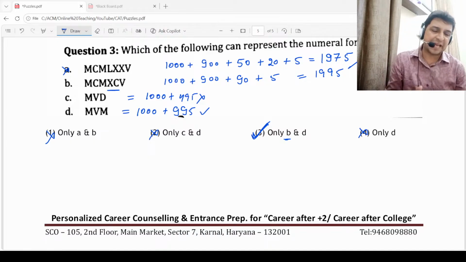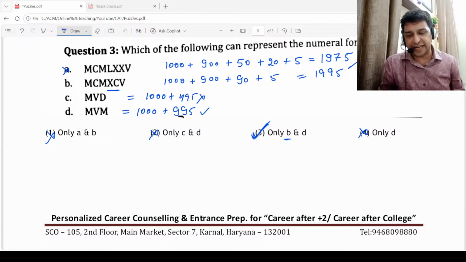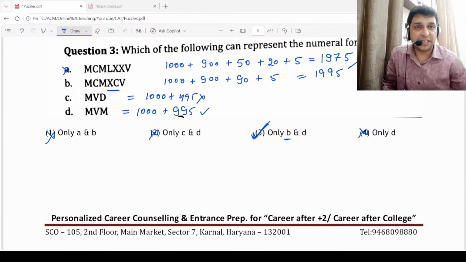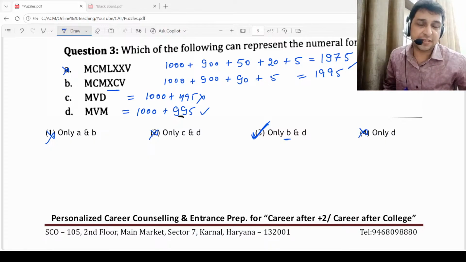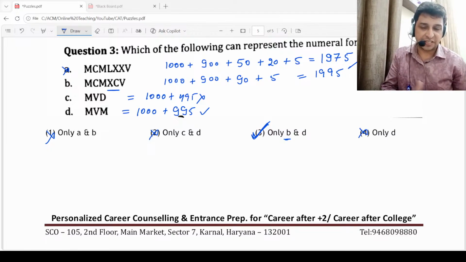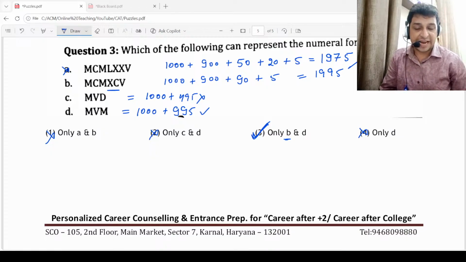Whichever questions came in CAT past PYQs, we're going to take that next time. And also, we're going to take mathematical puzzles, which are based on Venn diagram, games and tournaments, and you have critical path and numerical puzzles also, which is majorly part of your CAT.